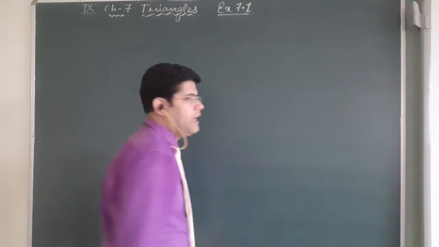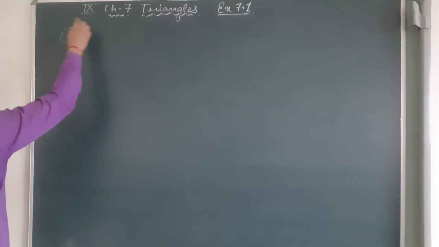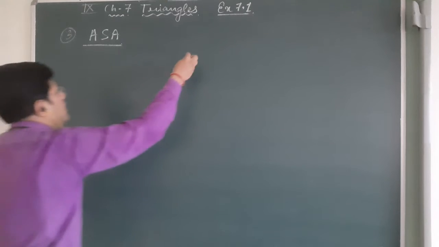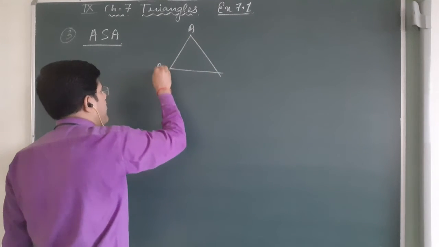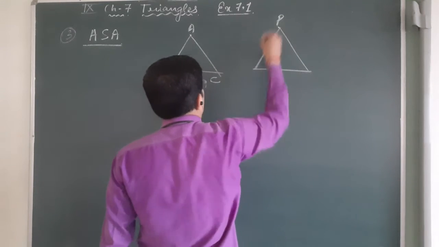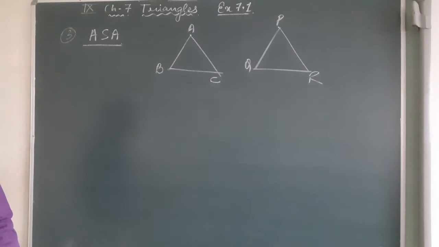That is known as ASA. ASA, the third one. ASA congruence rule. Just take two triangles, named ABC, and here I am going to take PQR again. Okay, what is the ASA property?